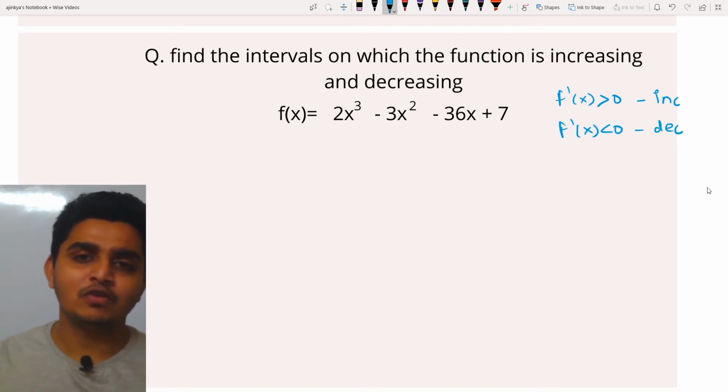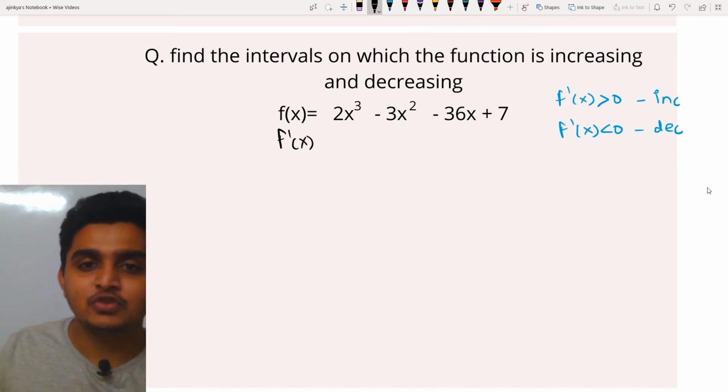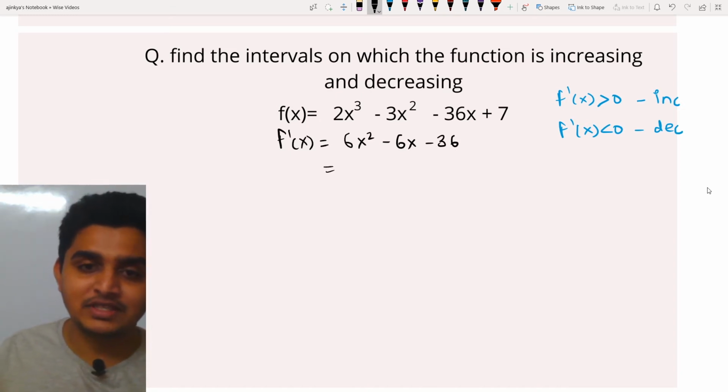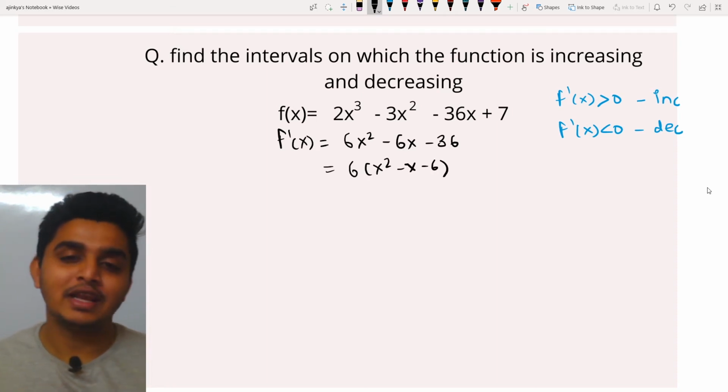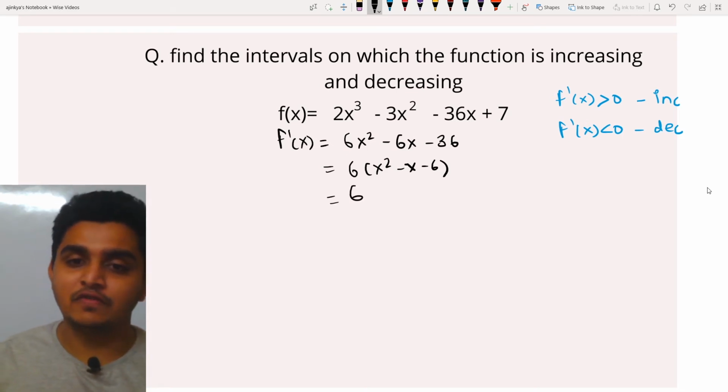And we can find out what is f dash of x immediately in one step. So it is going to be 6x square minus 6x minus 36 plus 0. Now again we can take out 6 common, so we have x square minus x minus 6, and also we can again just ease out what are the factors of this.